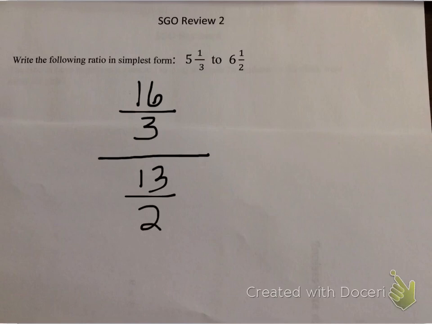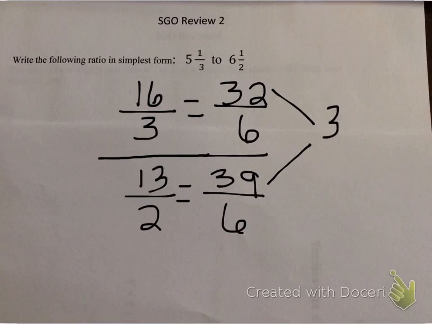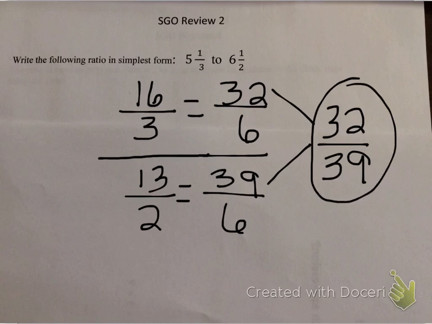And I'm going to find my common denominators for both of them, rewrite them with common denominators. 3 and 2, common denominator is 6. 3 times 2 is 6, so 2 times 16 is 32. And 2 times 3 is 6, so 3 times 13 is 39. Now I have 32 over 6 to 39 over 6. So that, written as a ratio, you could just take your numerators and write them as a ratio. If you could simplify this, you would, but it is simplified.